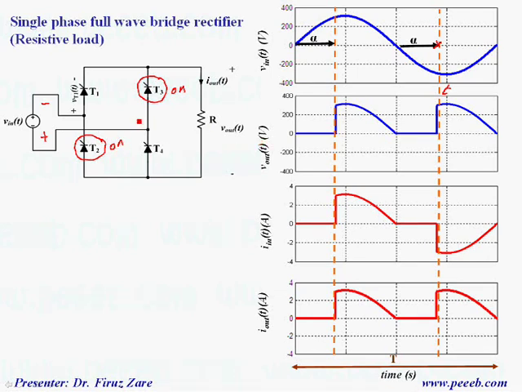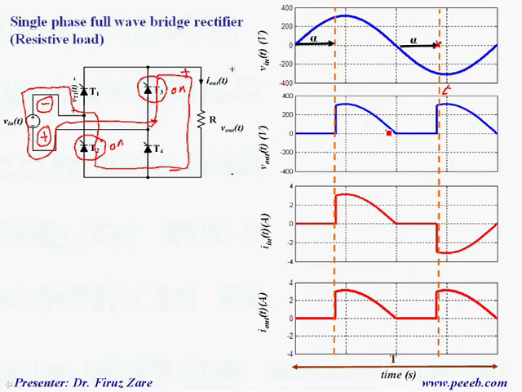Again, the input voltage appears across the load with positive polarity, because once this thyristor is on, the positive point is connected here and the negative point is connected here. That means we still have positive voltage, and this is the current loop from thyristor 3 back to the load, thyristor 2, back to the supply, and through this line back to thyristor 3.